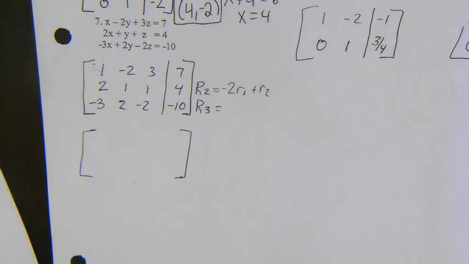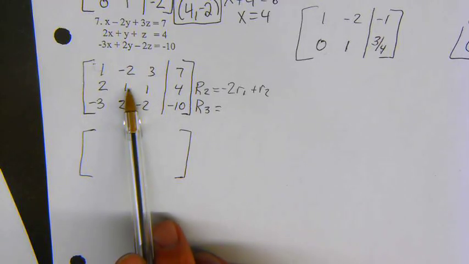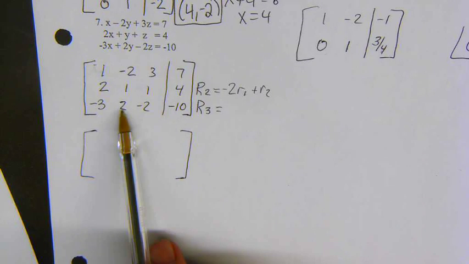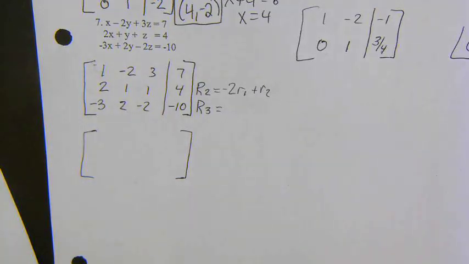Yeah, you can definitely do that. But I'm going to suggest not doing that, because you'll end up with 3/2 times row 1 plus row 2, and you'll have a fraction in there. If you like fractions, you could do that.